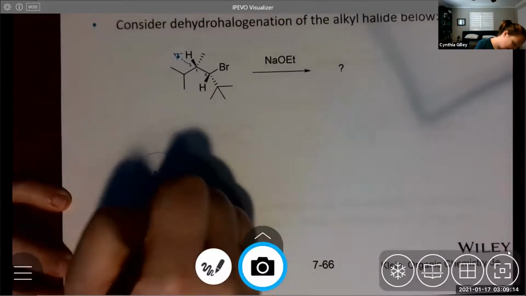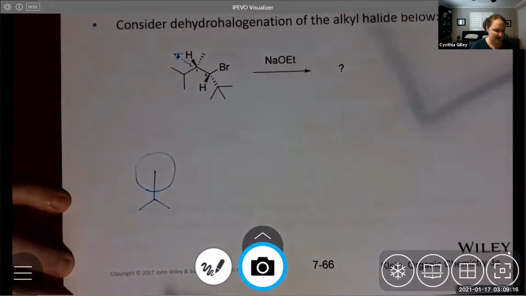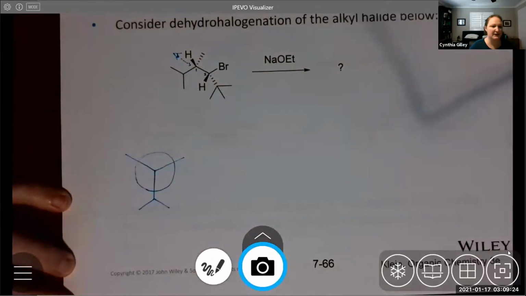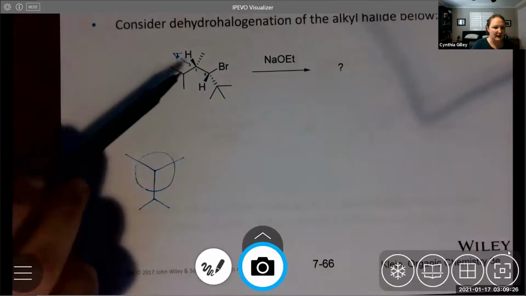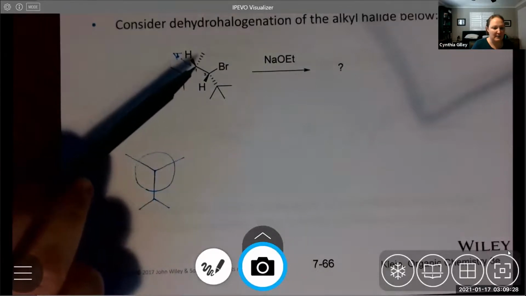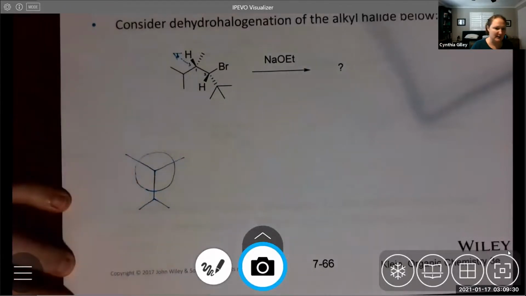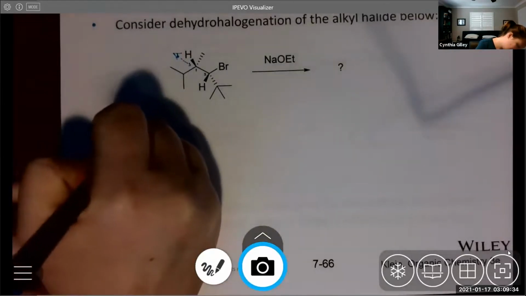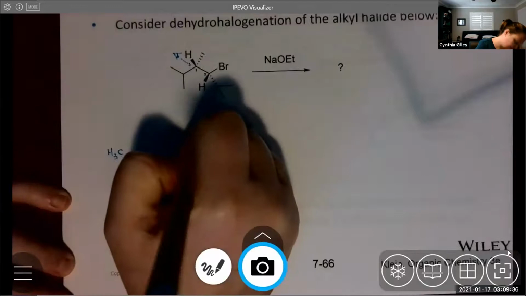You can sort of draw it out, or you can just write i-Pr for isopropyl. And then from my perspective, I've got a group coming off to my left and coming off to my right, but the one that's going back is off to my left. So I have a methyl to the left and a hydrogen over here to the right.